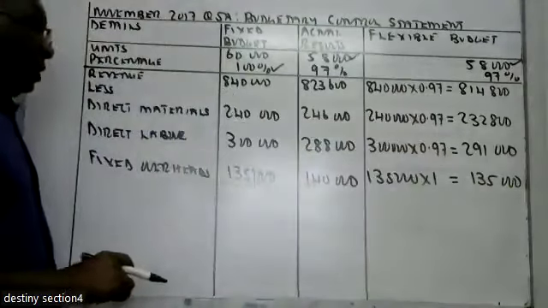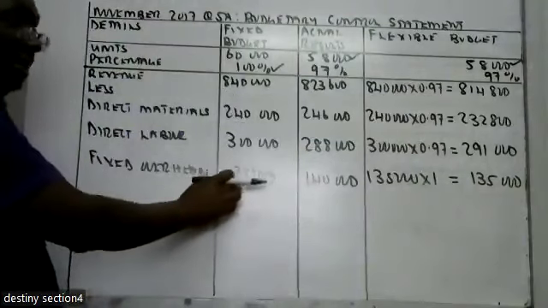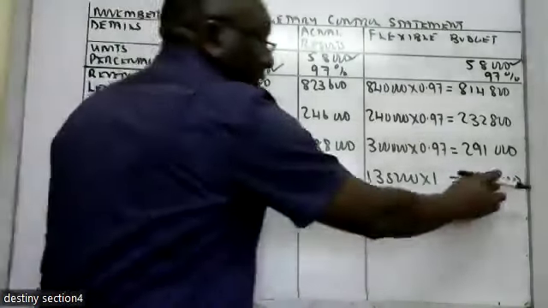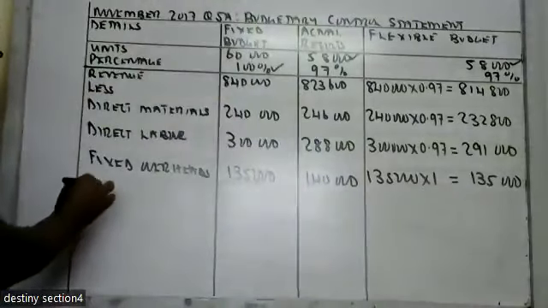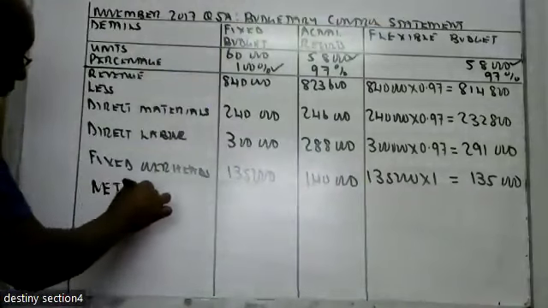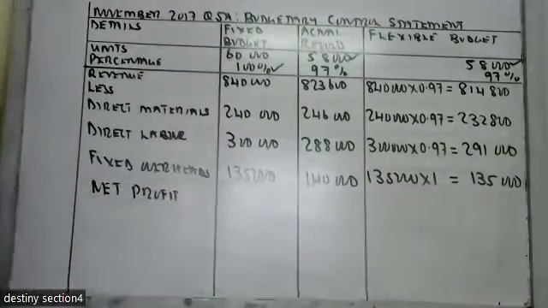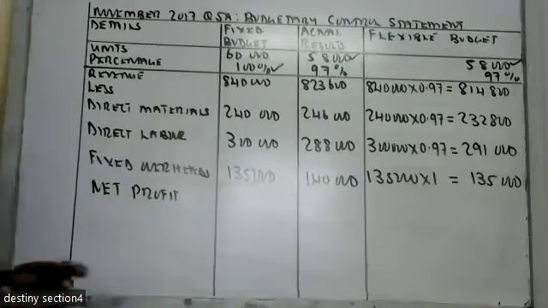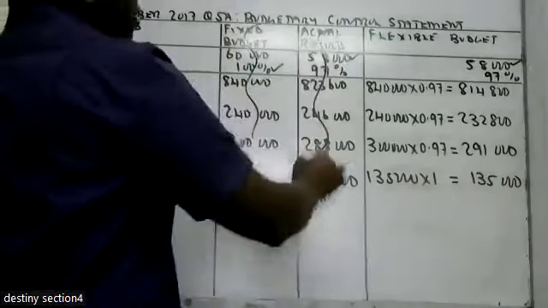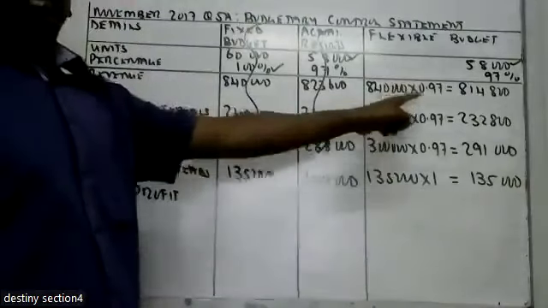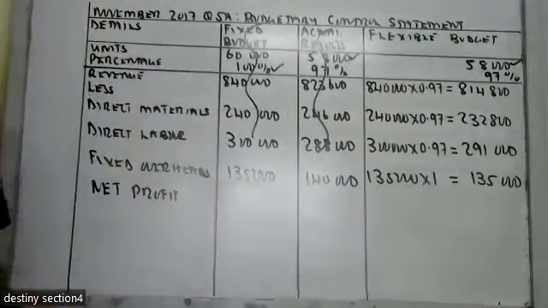And anything that is fixed, that one is retained. Then from there you have your net profit. That's how you make a flexible budget. So kwa exam kama hapa sasa walikuwa wameuliza tu flexible budget, si lazima utengeneze hizi. You can just create that column, but that is how it's arrived at.